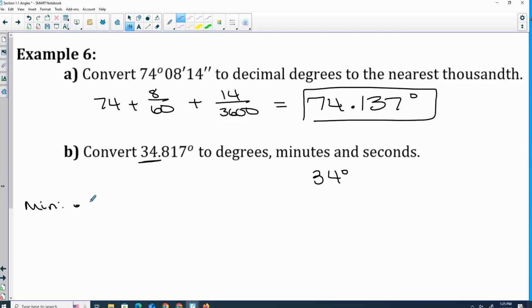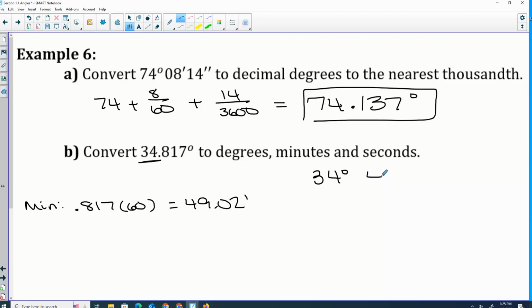we take our decimal. If I could write, that would help. 0.817 times 60. So that tells me we have 49.02 minutes.